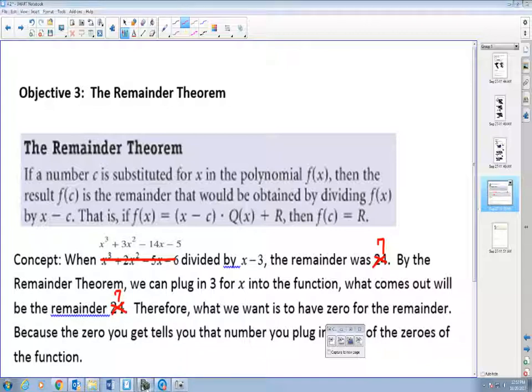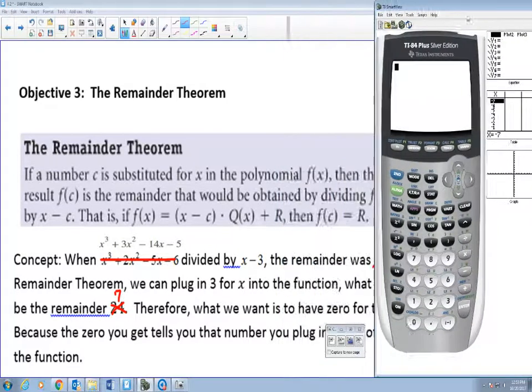So for example, let's take a look at it on the calculator. If I substitute 3 into the function, that will be parenthesis 3 raised to the third power plus 3 times 3 raised to the second power minus 14 times 3 minus 5.